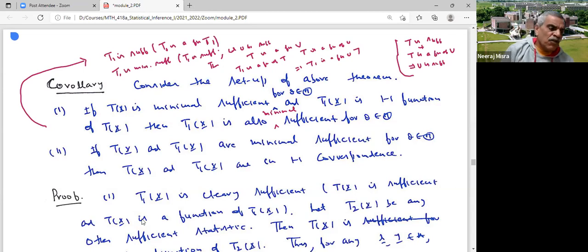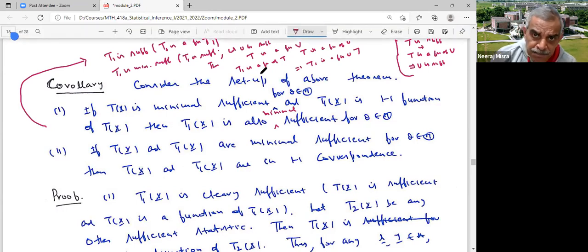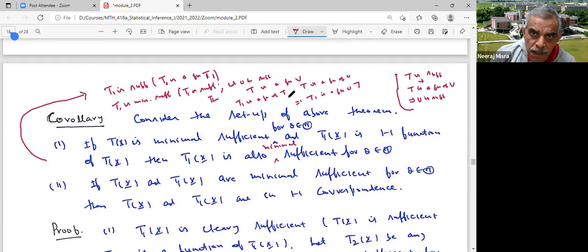As I said, one being a function of the other means, given the value of the other, you can find the value of the first. So t1 is a function of t because t and t1 are one-to-one functions. And t is a function of u, because if u is any other sufficient statistic, t is minimal sufficient, so t would be a function of u.